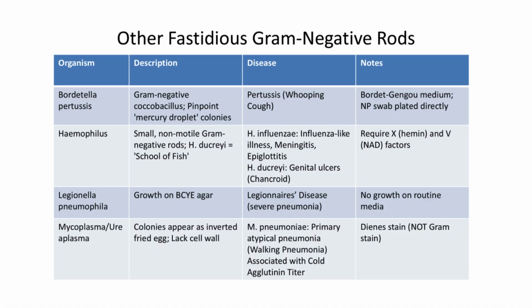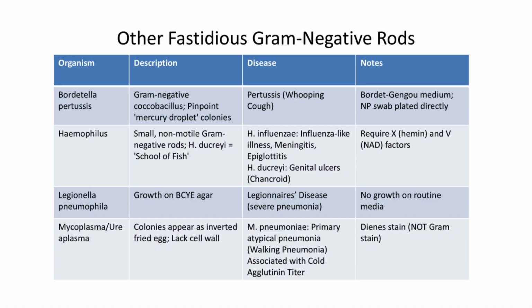These organisms require both X factor, hemin, and V factor, NAD, for growth, usually supplied by chocolate agar. Legionella pneumophila grows on BCYE agar or buffered charcoal yeast extract medium. It is responsible for Legionnaires' disease, a severe pneumonia. Unlike Haemophilus or Bordetella, it does not grow on routine culture media.